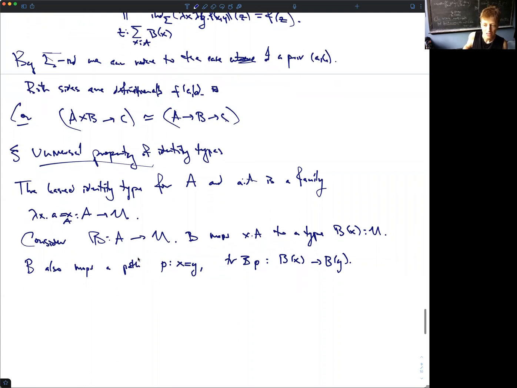Okay, so from that point of view, this identity type family, the one above, lambda x dot a equals x, is also something of the same form. So this could also be a functor, valued in the type universe, indexed by types.